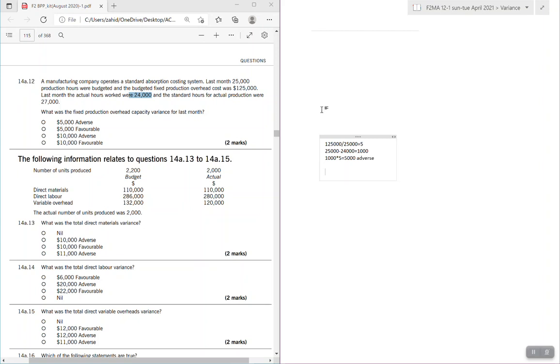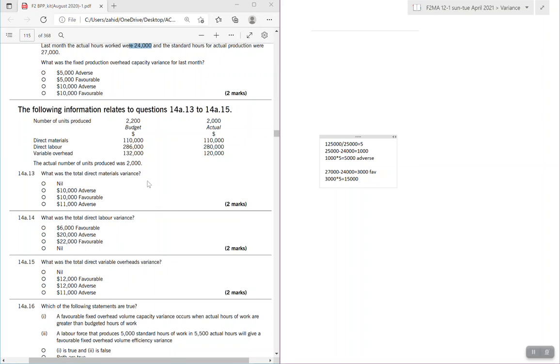If they ask about efficiency, then we would compare 27,000 with 24,000, we would have 3,000 favorable. 3,000 favorable multiplied by 5, we would have 15,000 favorable variance for efficiency if they asked. But remember, they are different.